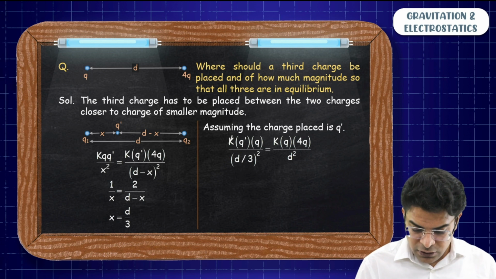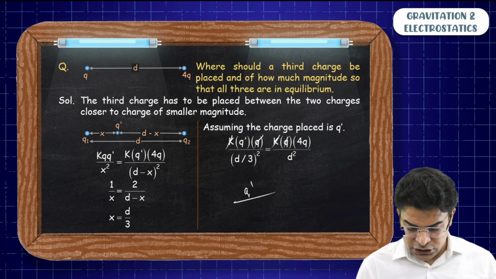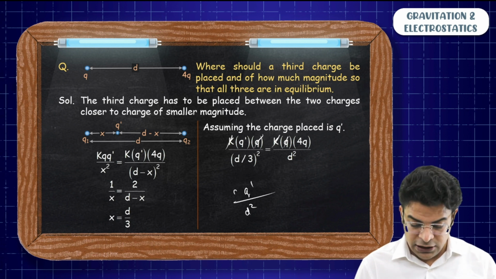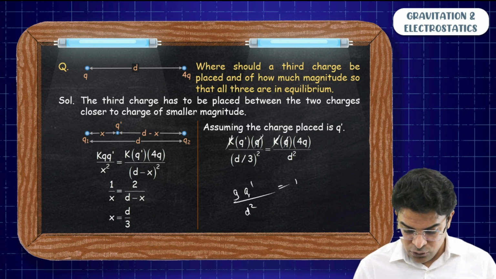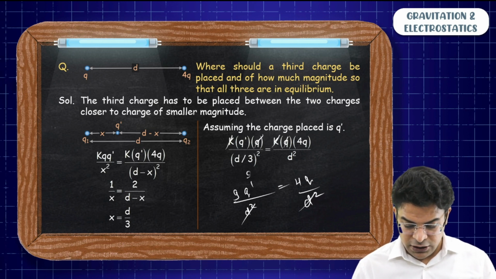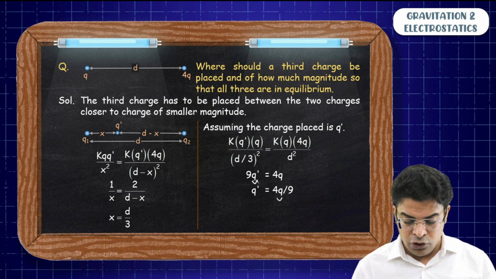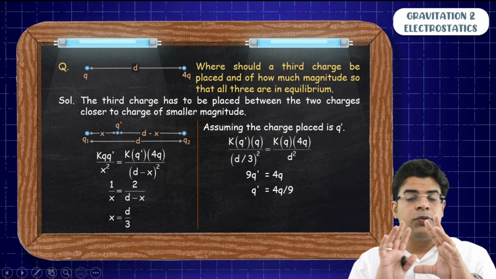So cancelling out k, q, you will write q dash upon d square by 3 square, and 3 square becomes 9, it goes to the numerator, equals 4q by d square. Now cancelling out d square, you get 9q dash equals 4q, or q dash should be equal to 4q by 9. But this won't be the appropriate way to answer it.